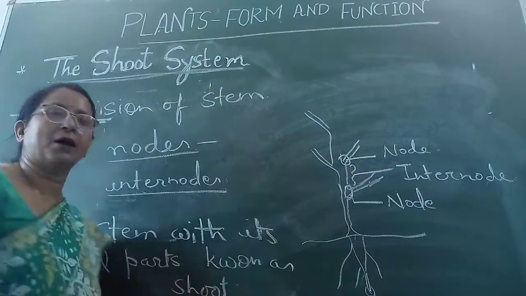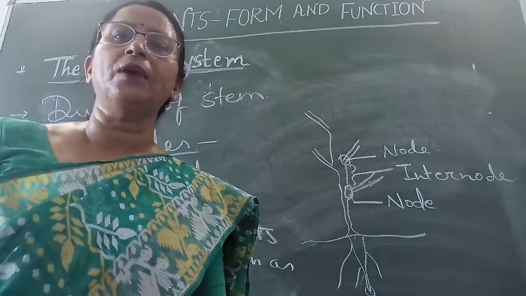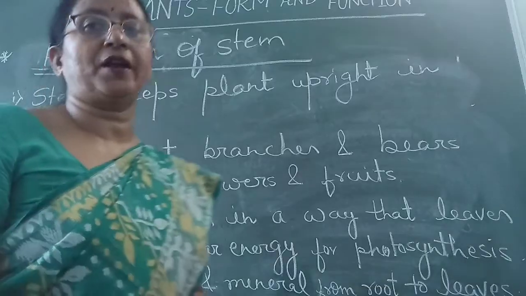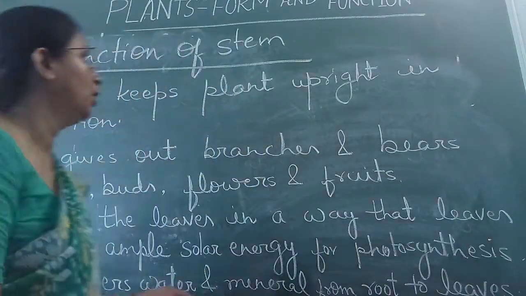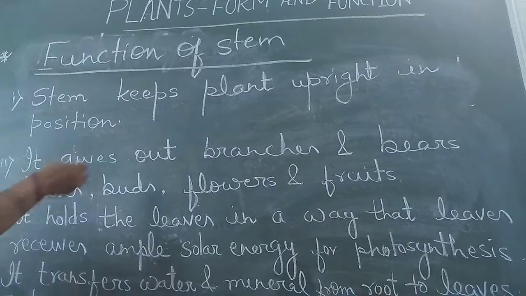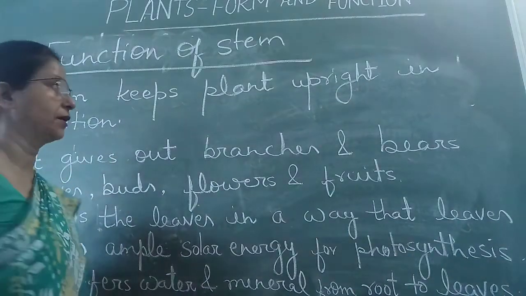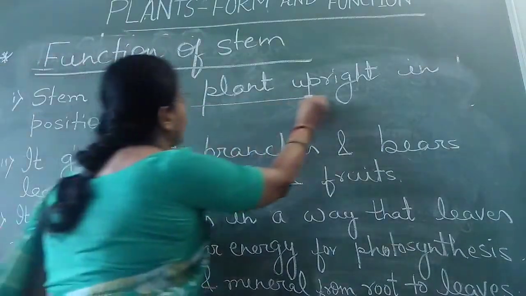Now we will discuss the functions of stem. Stem is very important in the life of a plant. As you can see here, which functions it performs in the body of the plant. First, it keeps the plant upright.